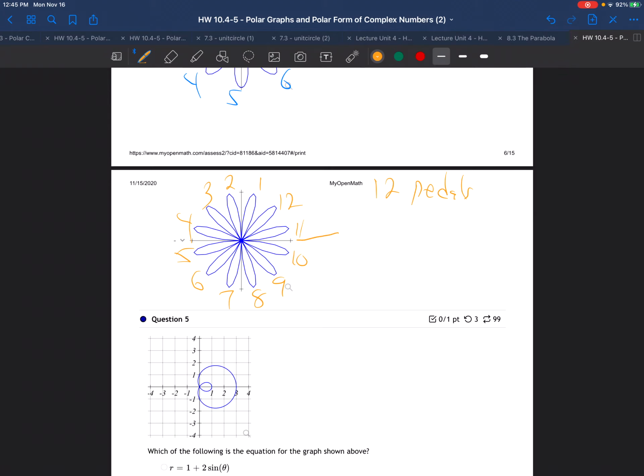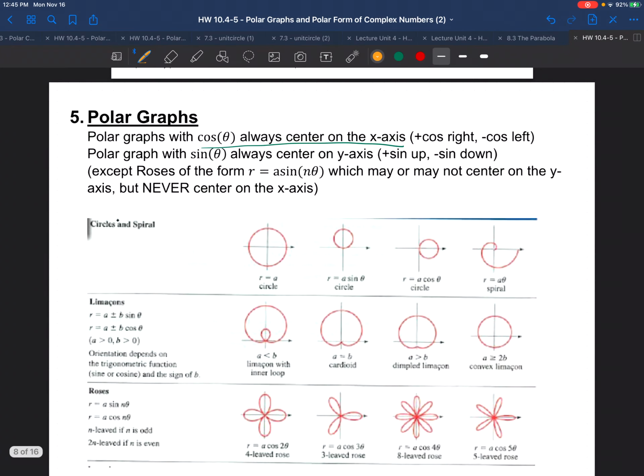And notice there, the petal is not centered on the x-axis, right? Here's the x-axis. There's no petal that goes through the middle of it. There's no petal centered on the x-axis. So it's not cosine. Remember what I said down here?